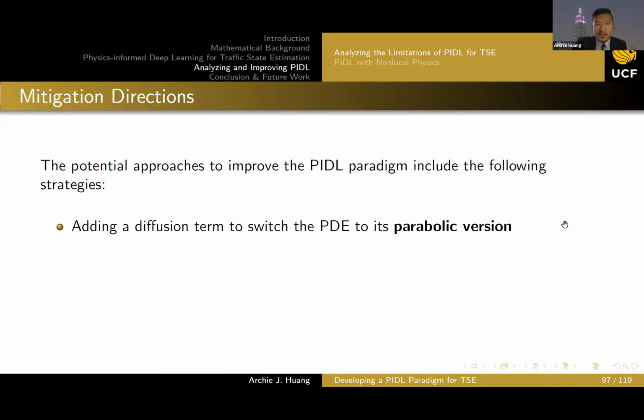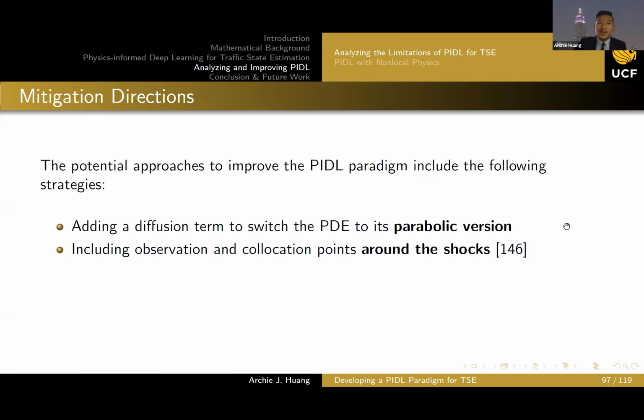And the second strategy that I want to mention here is, after reviewing the relevant literature, we suggest including the observation and collocation points around the shocks, which will help capture the traffic pattern and improve the PIDL results in TSC.